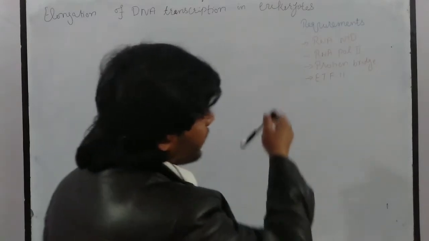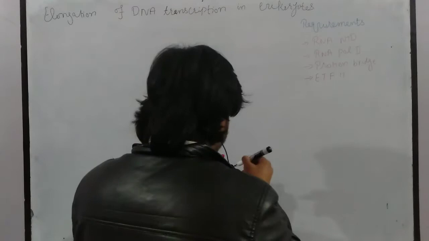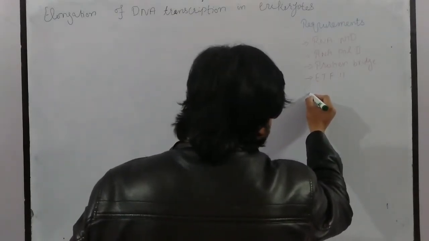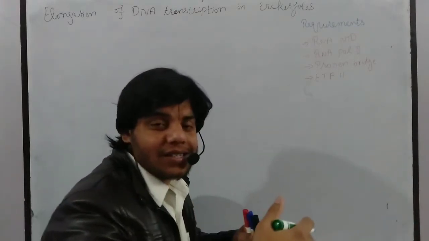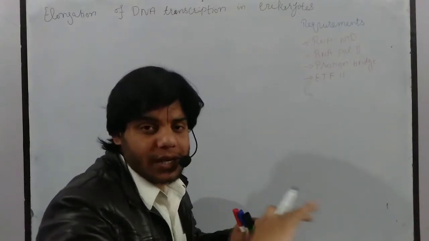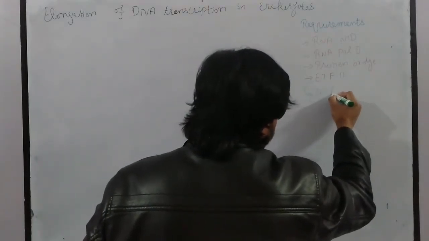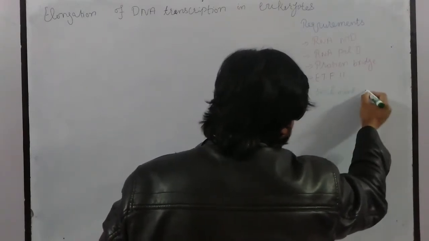Now, what is the main function of these elongation transcription factors? Their main function is to start or enhance the transcription process. We can say they are involved in the enhancement of transcription.